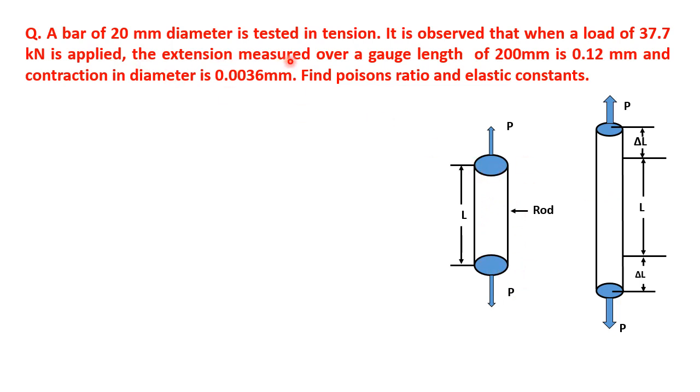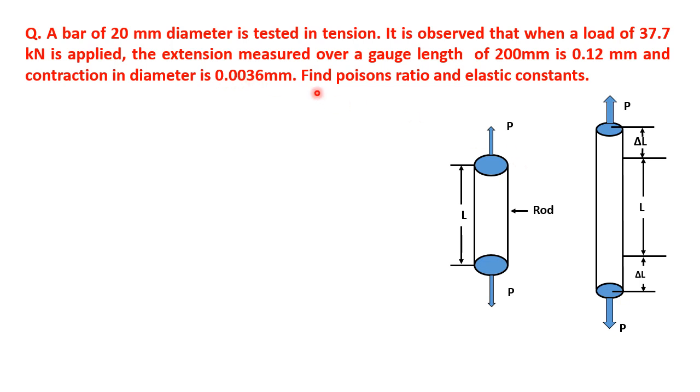The extension measured over a gauge length of 200 mm is 0.12 mm. That means this length, the original length, is 200 mm, and when this force is applied, the rod will elongate. So there will be a change in length here, denoted by delta L. So delta L is 0.12 mm, and contraction in diameter is 0.0036.